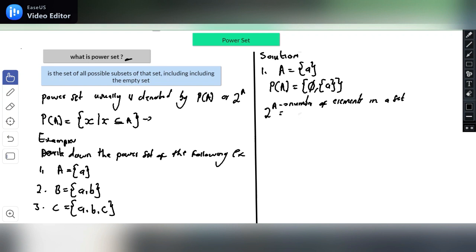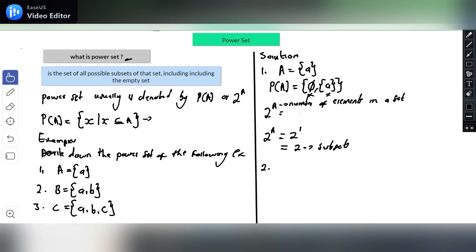So here it's going to be 2 to the power of n, where n is the number of elements. We can see that the only element that we have is 1, so our answer is going to be 2, meaning we're going to have 2 subsets. That's how we find how many subsets we have. You can also count them. It's an empty set and also {a}. It shows that we have 2.